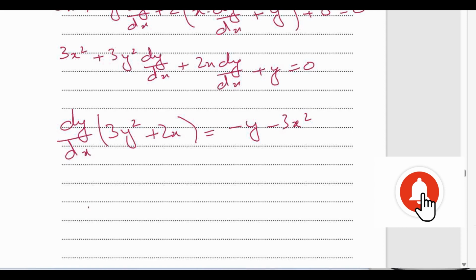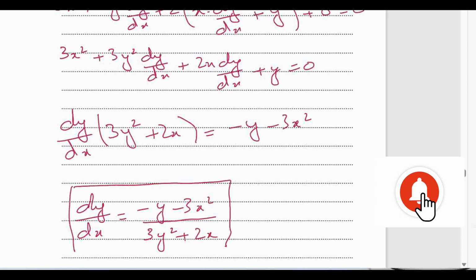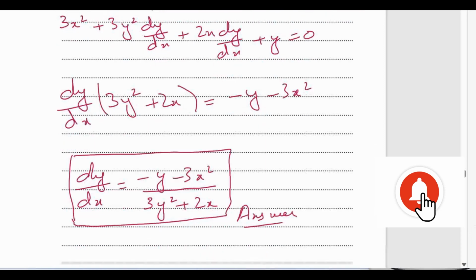Now, finally, dy by dx will be equal to minus y minus 3x square divided by 3y square plus 2x. This will be the final answer. I hope that the concept is clear. Let's move on to the next part.